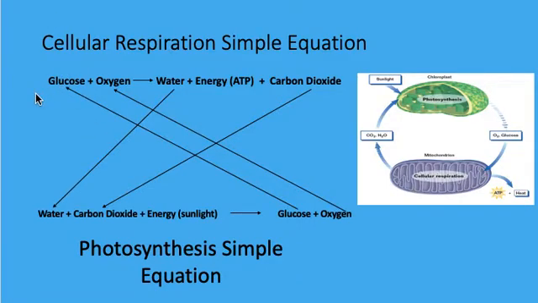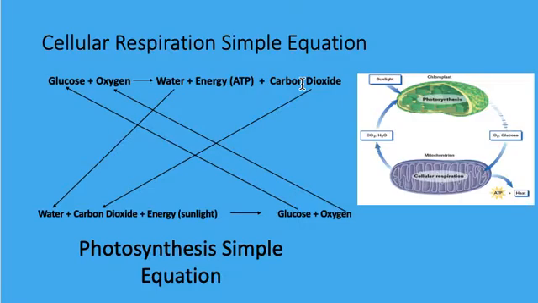Okay, so the simple equation for cellular respiration is that you start with glucose and you start with oxygen, and through some reactions, you're going to get out water and energy. The energy you're going to get out comes in the form of ATP, and you're going to get a molecule called carbon dioxide.